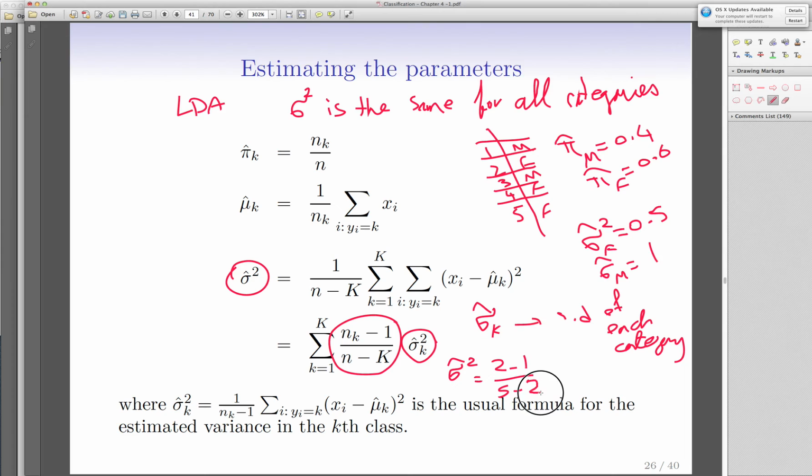So 2 times sigma hat squared of males, so that is 0.4, plus. How many females do we have? 3. So 3 minus 1 divided by 5 minus 2 times 0.6. So we use this sigma to represent both categories.